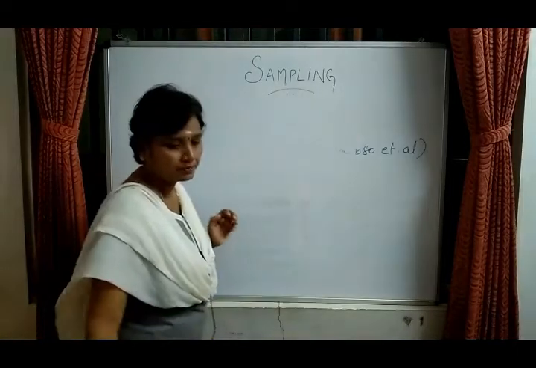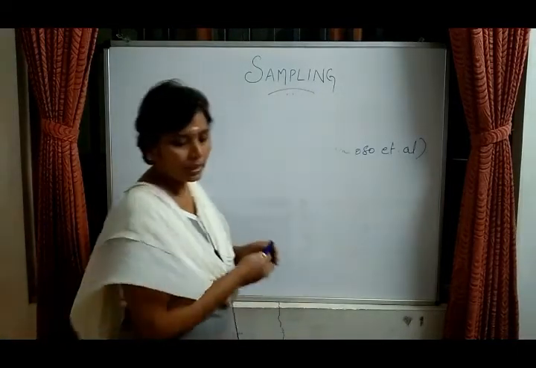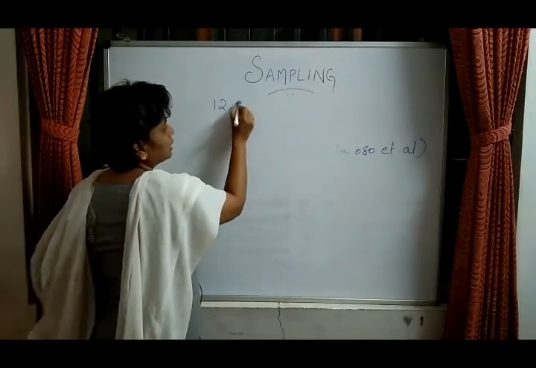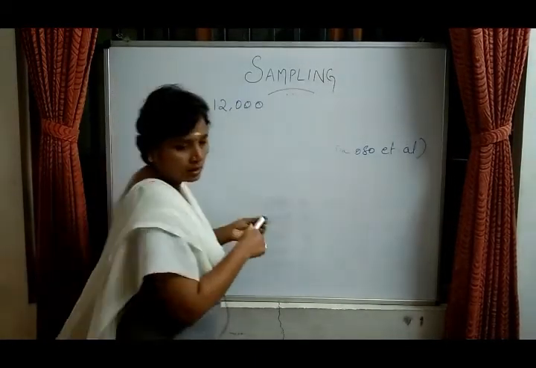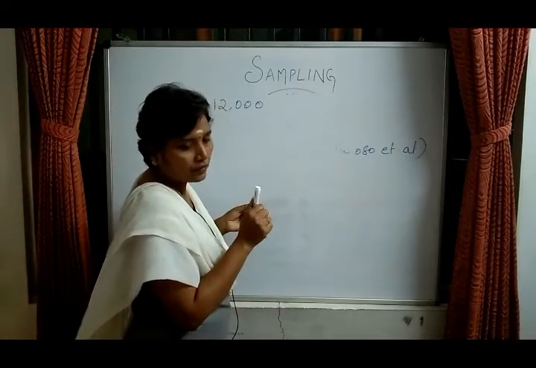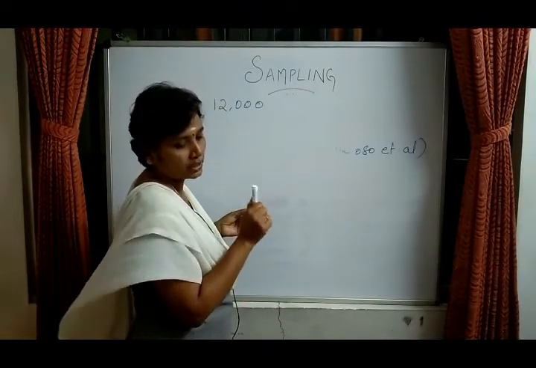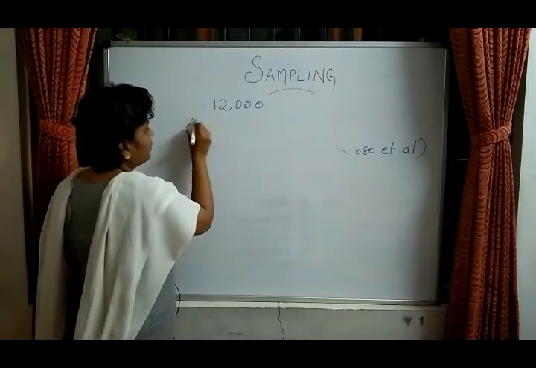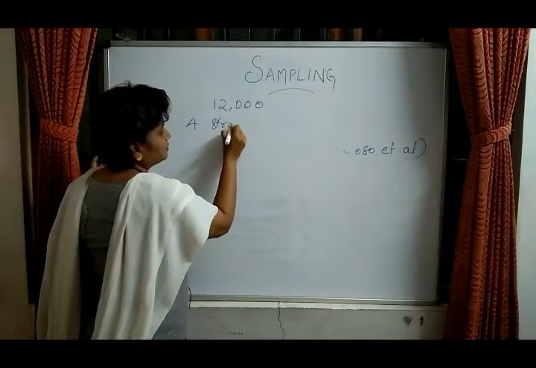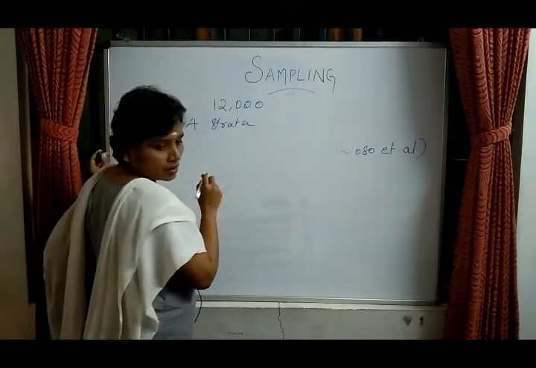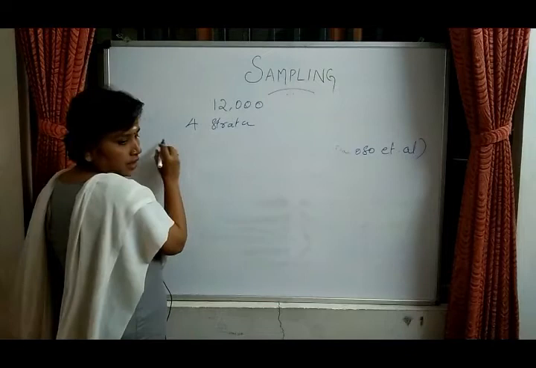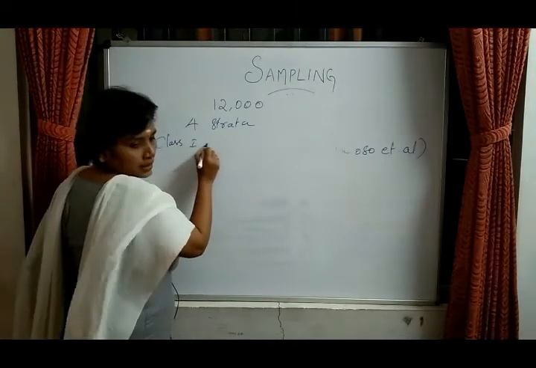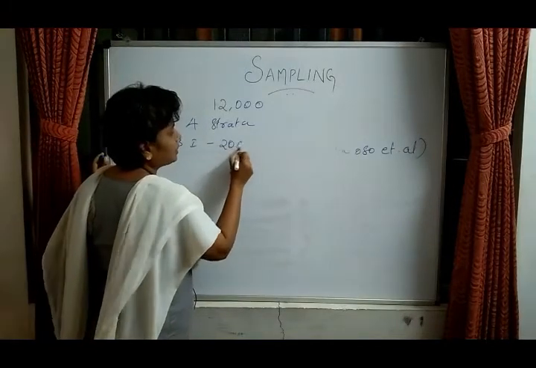See, for example, the total population, the target population, is 12,000. It is classified into 4 homogeneous socioeconomic status groups. Okay, 4 strata. In the first strata, it is class 1, with 2,000 population.